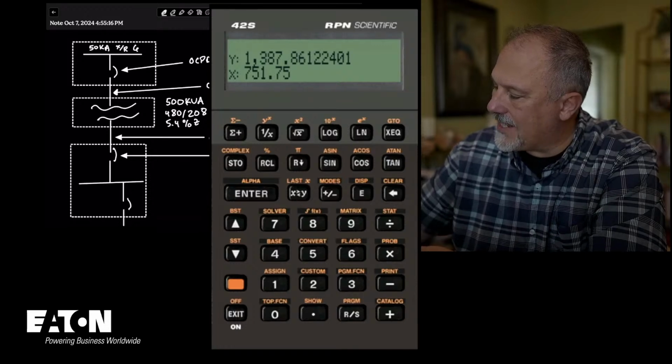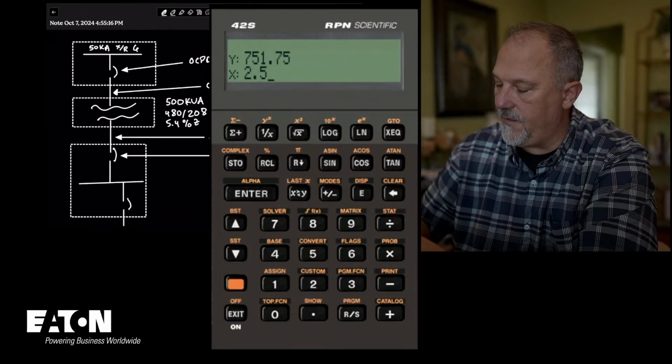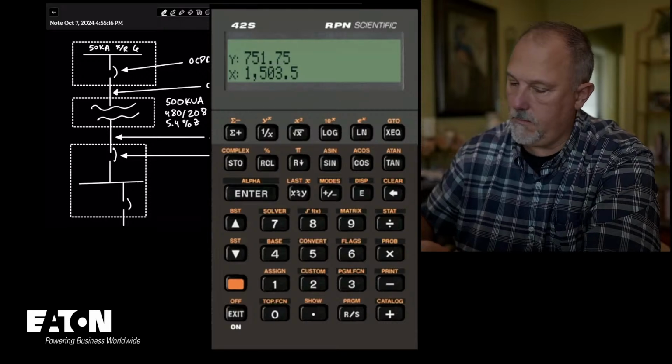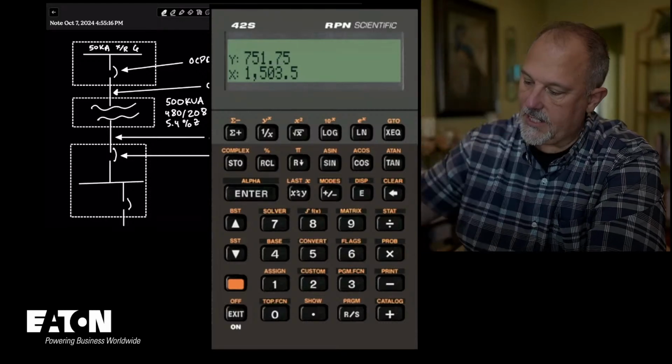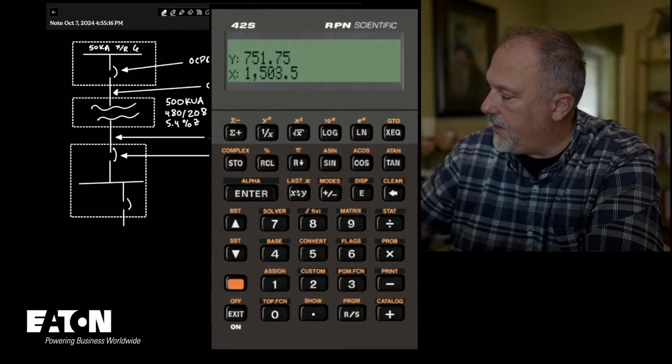Now I could go as high as 250%. So if I do 2.5 times 601.4, that's 1503.5. 1503.5 amps.